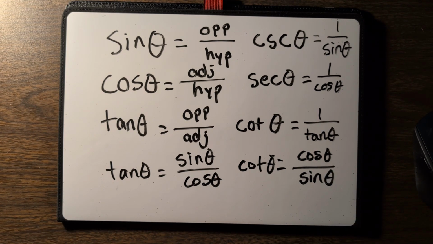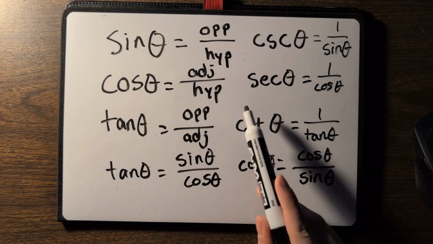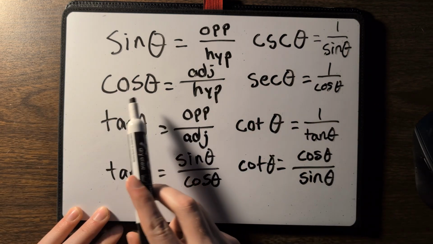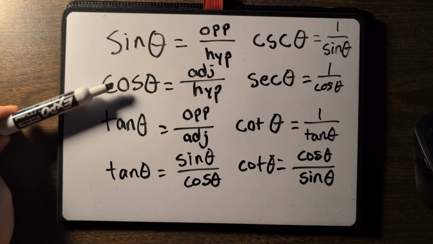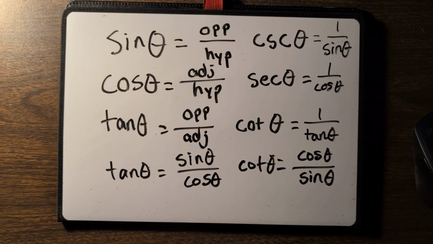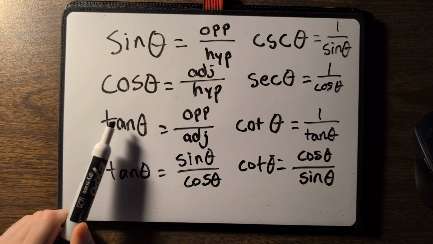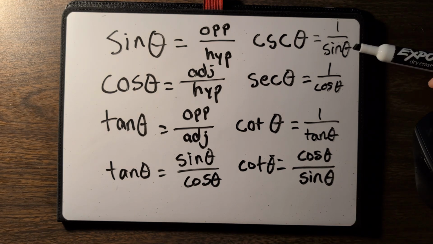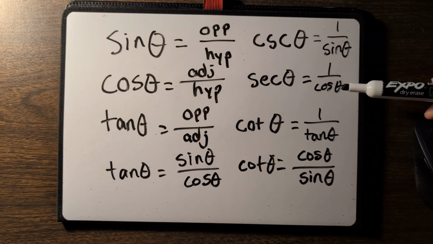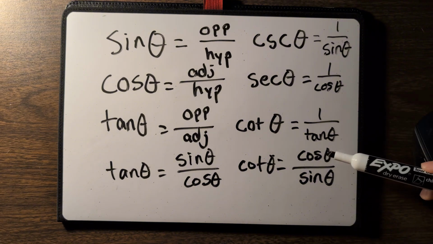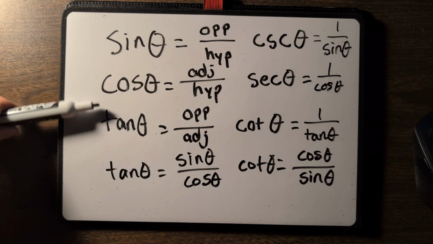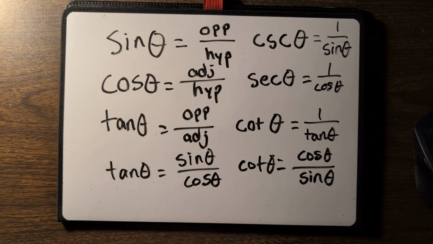So really, there may look like there's a lot of stuff here, but it's really just composed of sine and cosine. That's it. Tangent is sine over cosine. Cosecant is just 1 over sine. Secant is 1 over cosine. And cotangent is just cosine over sine. So these two are the basis for all the rest of this stuff.